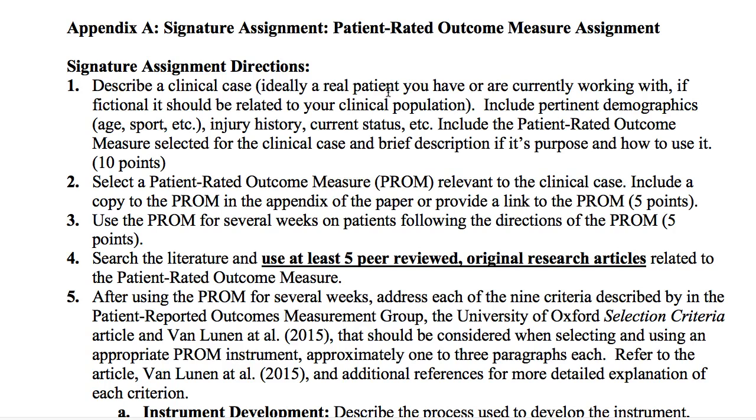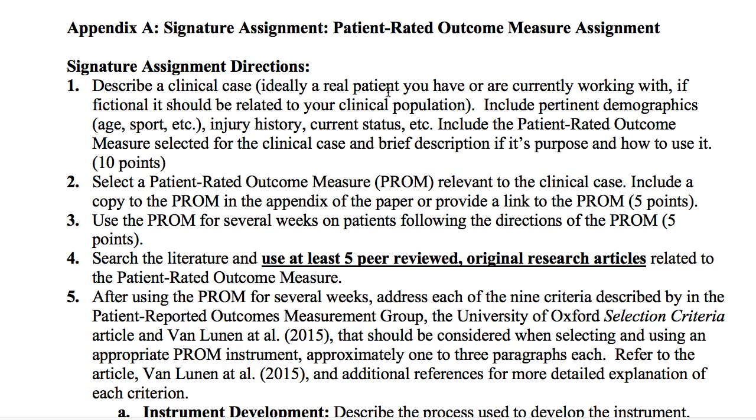Now, I've provided you a completed assignment from the last class that this was taught. I made a couple changes to the assignment where I want this to be more a reflection on using the PROM. In the previous class, we didn't have the students actually use the PROM over several weeks.